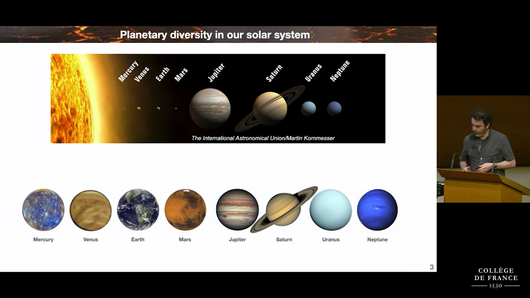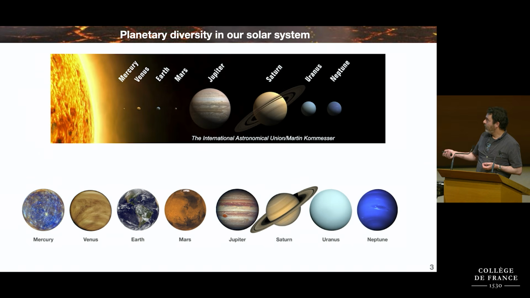This is also the same type of image that we saw this morning. So a lot of these concepts have been discussed before. And here again, I want to emphasize that there's a great diversity in our solar system. The Earth, of course, is unique in the sense that it has, as we mentioned, plate tectonics, and it is also the habitable planet with liquid water at the surface.